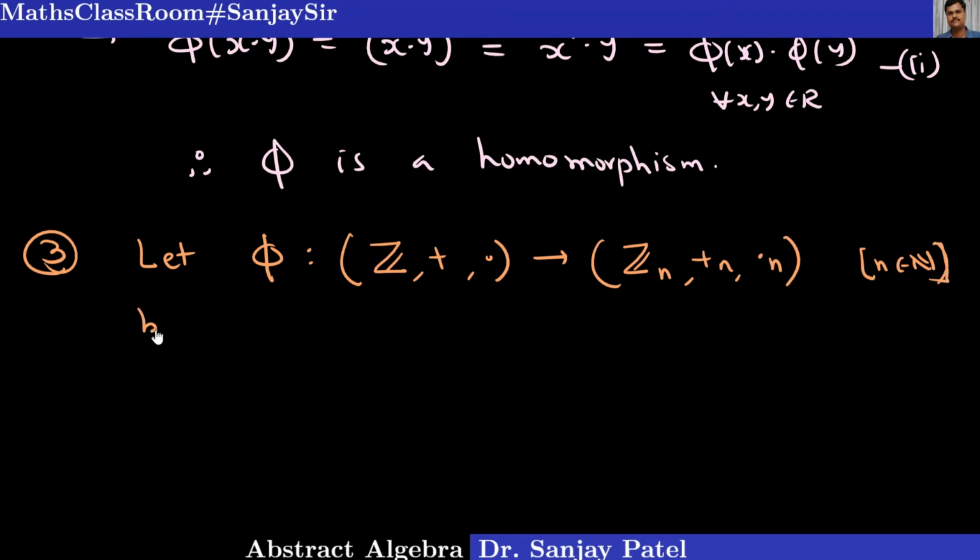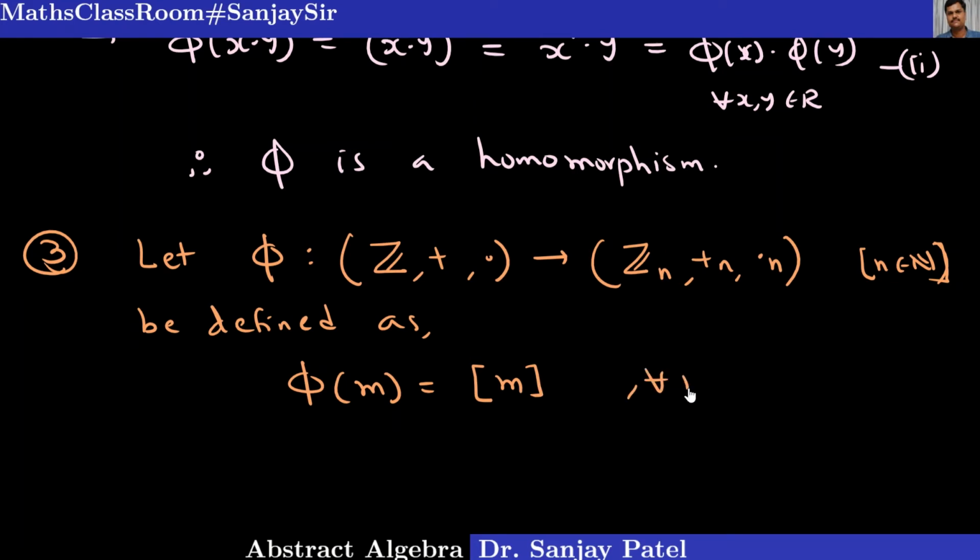So this is defined as a function from the ring of integers to the ring of residue classes modulo n, defined as phi of say m is equal to the equivalence class of m. Okay, this is for every m belonging to Z.